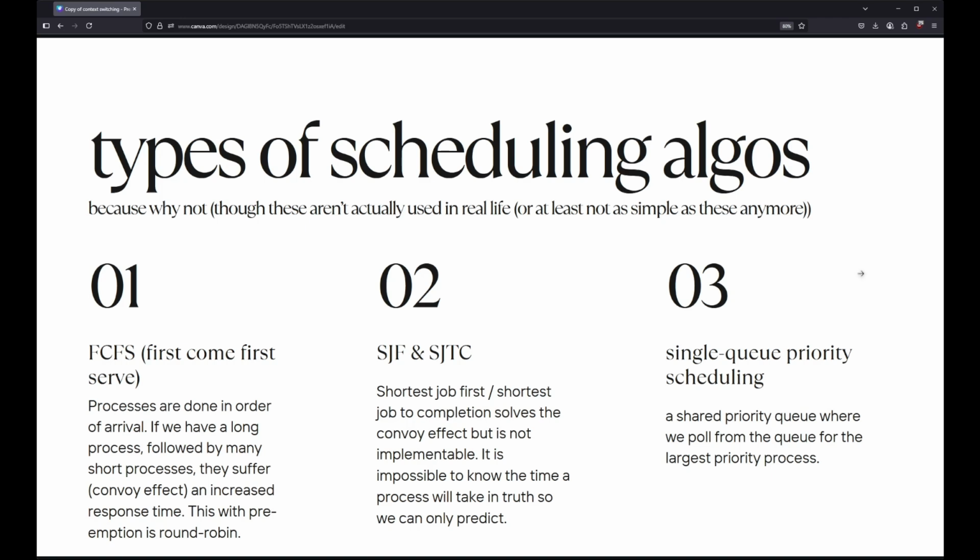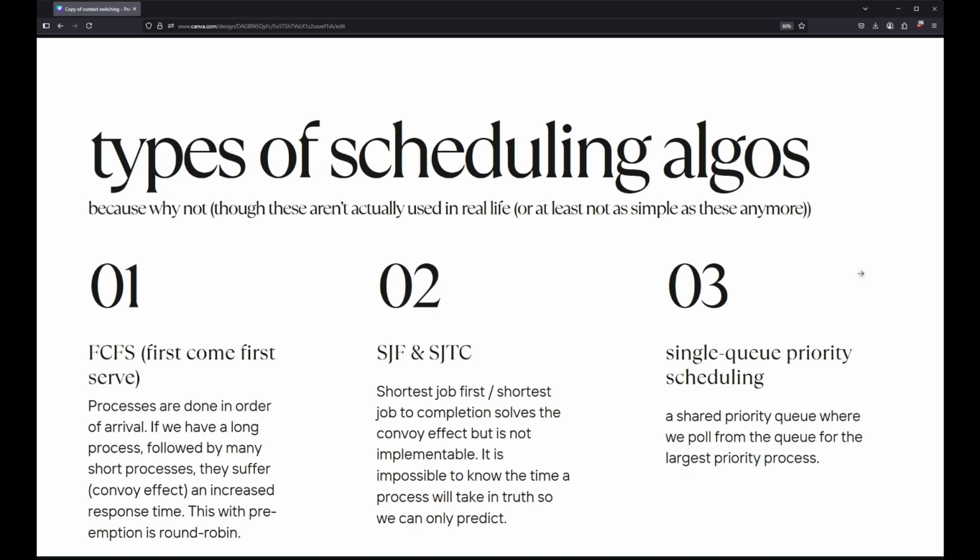Now, going on to shortest job first or shortest job to completion. Like it says in the slides, it solves the convoy effect, but it's not implementable. So essentially, we can't actually predict how long a process will run.